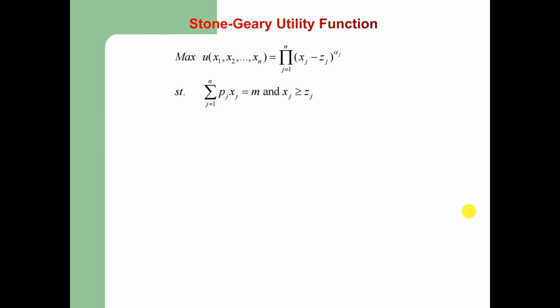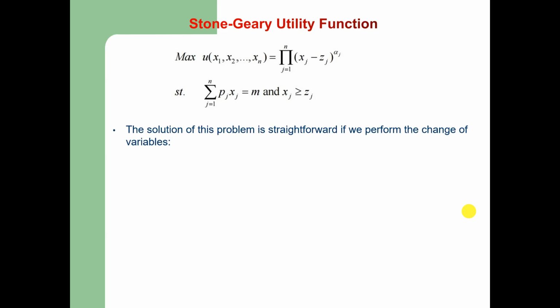So the constrained maximization problem of the economic agent is to maximize utility from the consumption of goods x1, x2 up to xn, that is equal to the product of the difference between xj and zj raised to the power alpha j, where j varies from 1 to n, and the budget constraint is that the sum of the expenditure, that is summation j varies from 1 to n, price of j times consumption of xj, is equal to m, and xj is greater than or equal to zj. So this is the budget constraint.